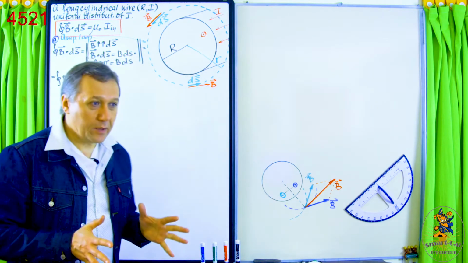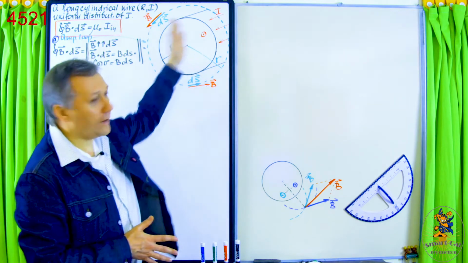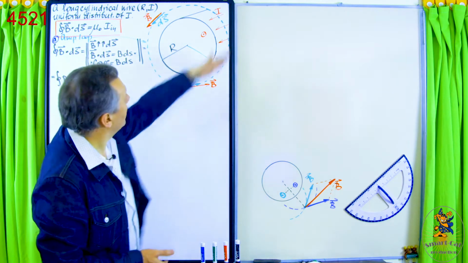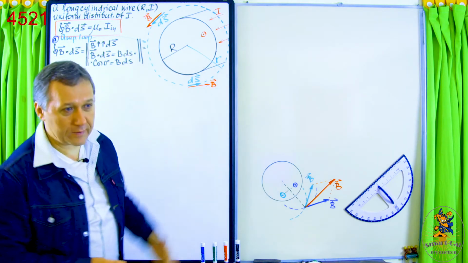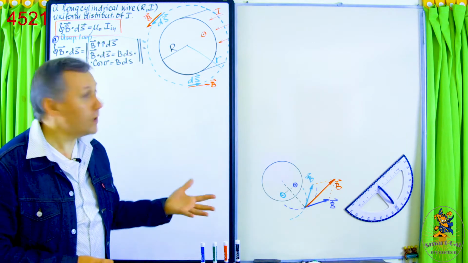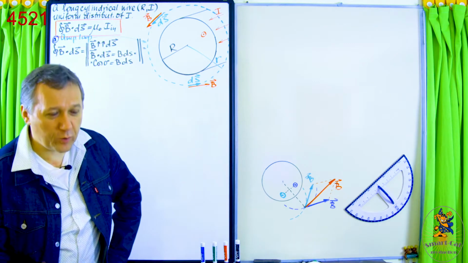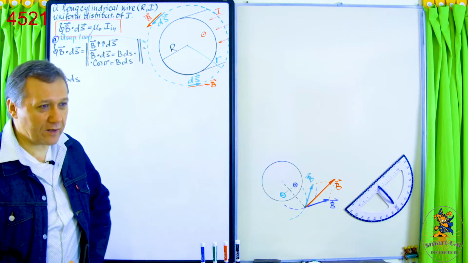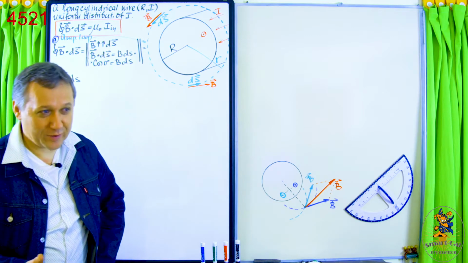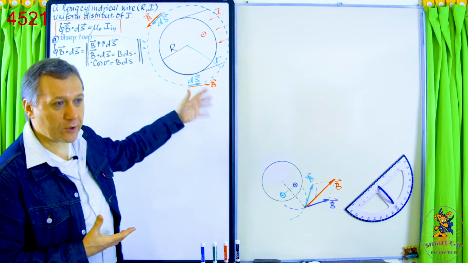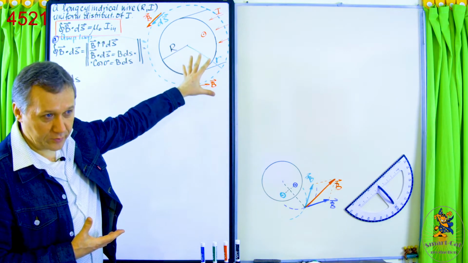Second step, you need to pick an integration direction for this loop. There are two options, either counterclockwise or clockwise, and depending on that, your current can be positive or negative. Since nobody wants to deal with a negative current, we need to pick an integration direction so that the current is positive.